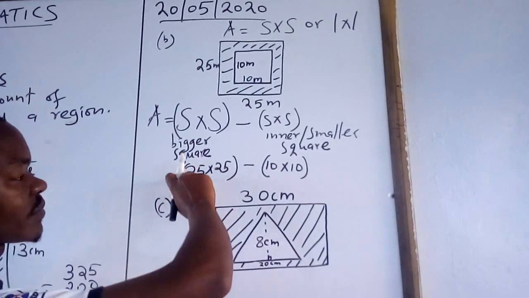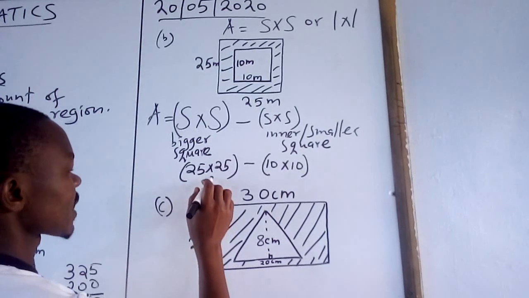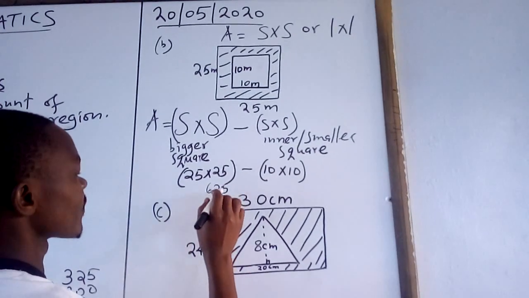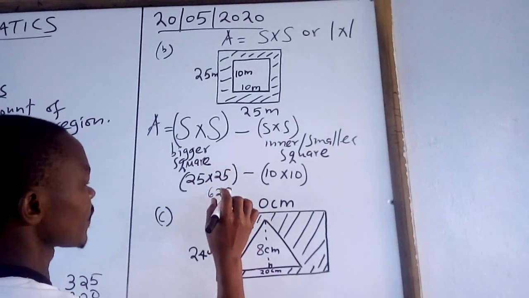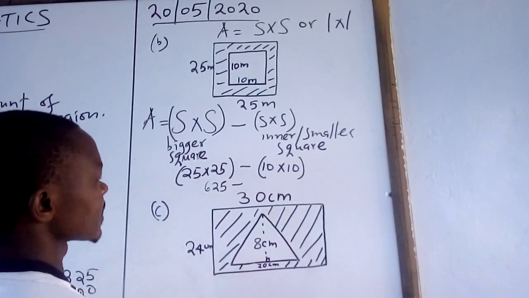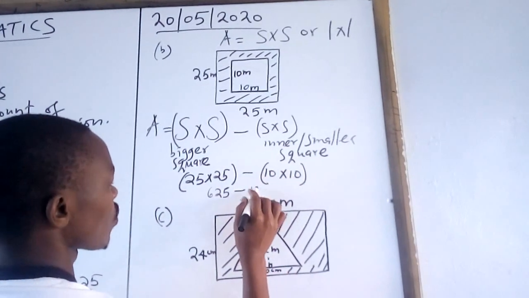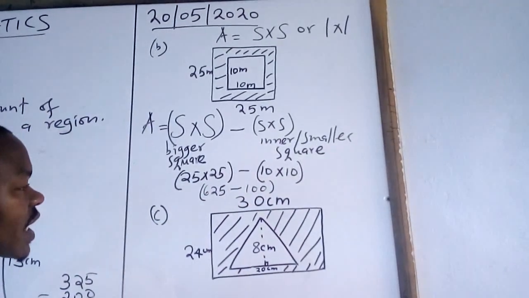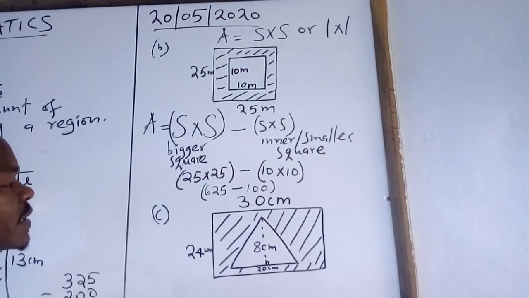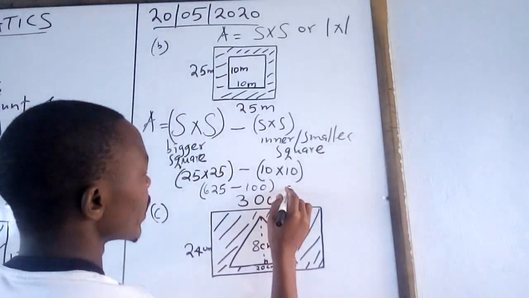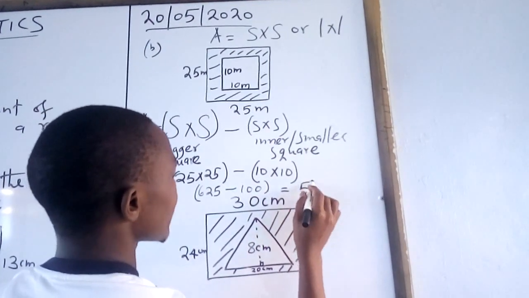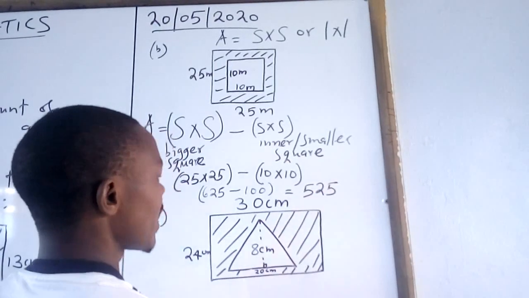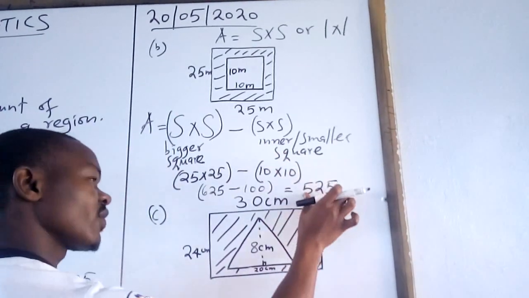So 25 times 25, you'll get 625. You'll get 625 minus 10 times 10, which is 100. Then from there you get the difference, meaning you subtract 625 minus 100, you will get 525, and this is not the final answer.